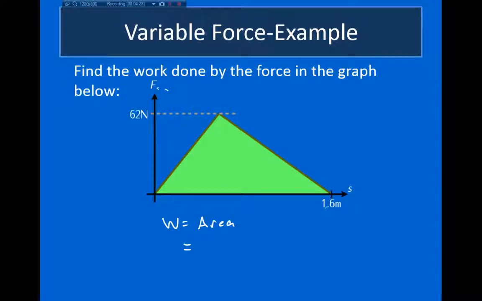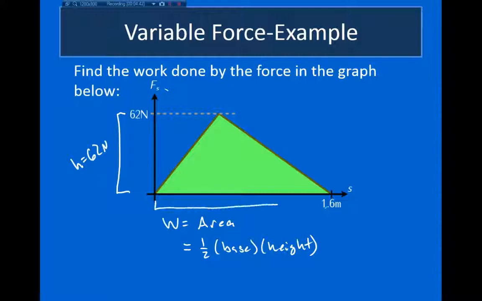And remember, the area of a triangle is 1/2 base times height. And in this case, the height, right here, this is 62 newtons. And the base is 1.6 meters.